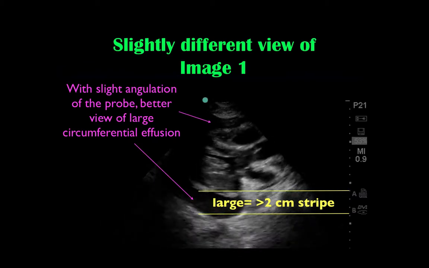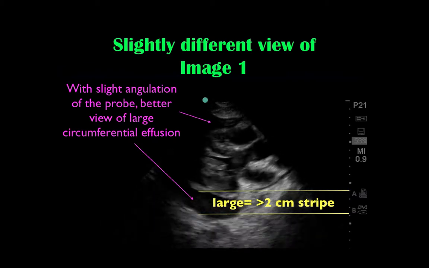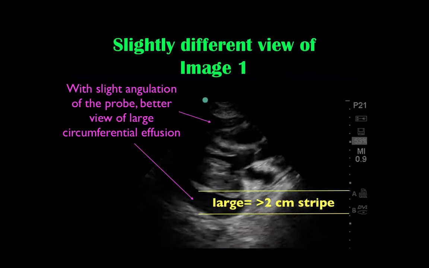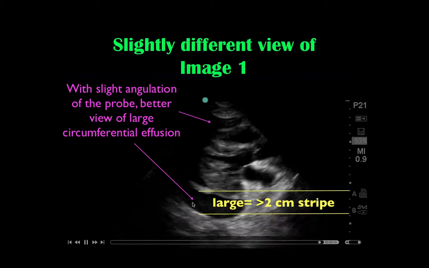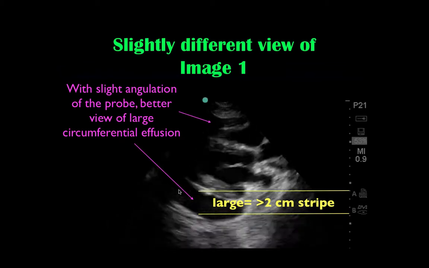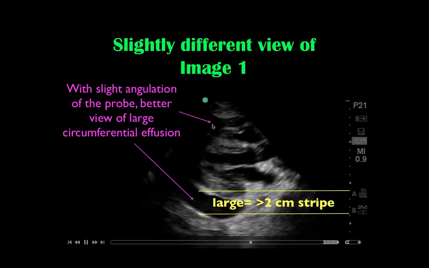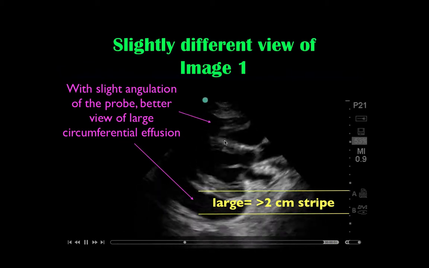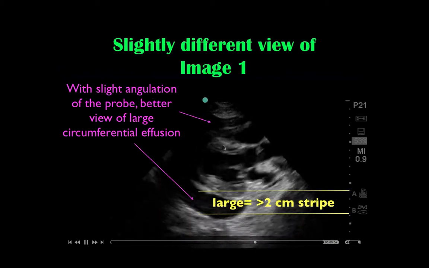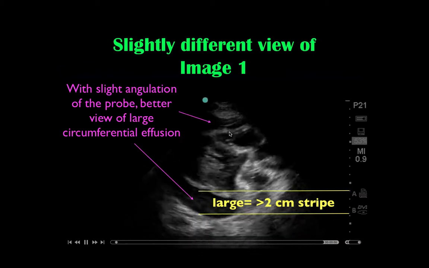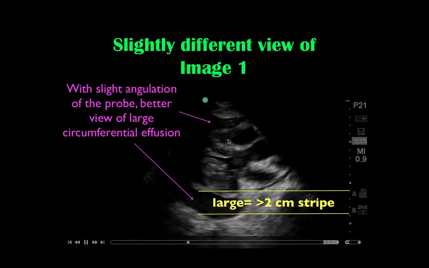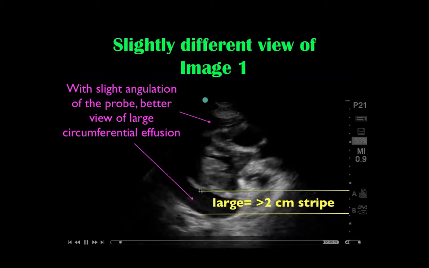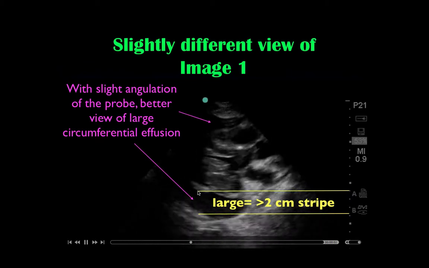A slightly different view of image number 1 helps clarify the situation somewhat. There's a much better view of this pericardial effusion here at the bottom of the heart and up here at the top of the image. And again, the septum is not moving very well, and the right ventricular wall is collapsing. Now, it's always important to measure the size of the effusion.